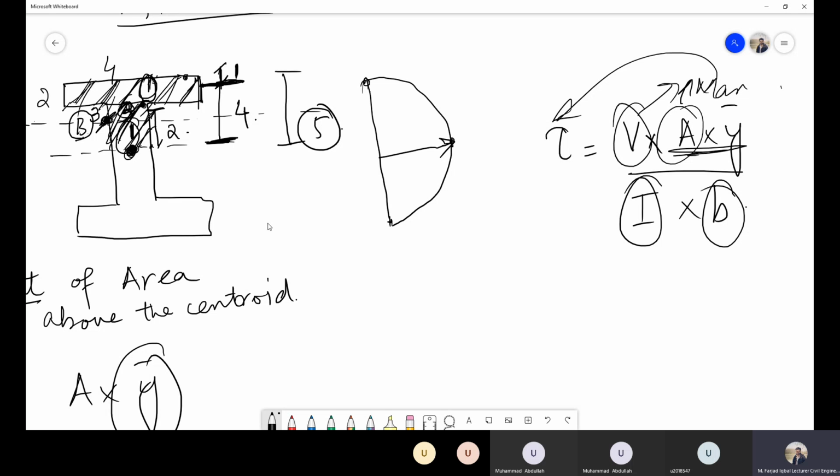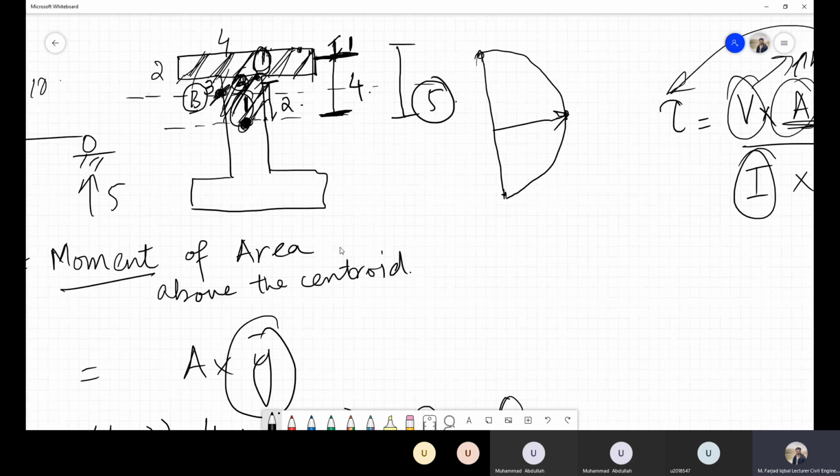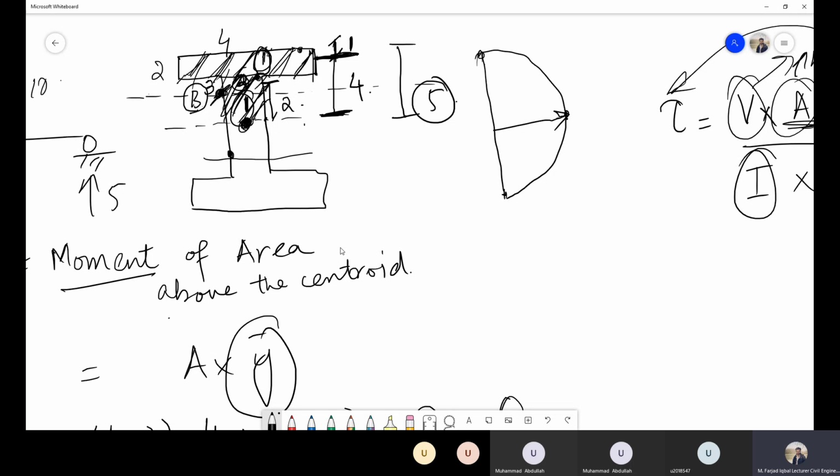And another important point that you have to keep in mind, that for this moment of area, I am taking the area above the point at which I want to calculate the shear stresses. But let's suppose I am calculating the shear stress at some point that is below the centroidal axis, then you have to consider the area below this point.